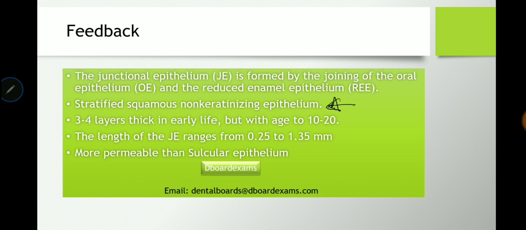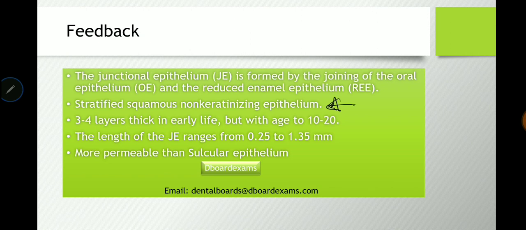It is 3 to 4 layers thick in early life. When you look at children, usually they have small layers, but as you advance in age, it can have about 10 to 20 layers. All right, as I mentioned, this junctional epithelium is always rapidly repairing itself.